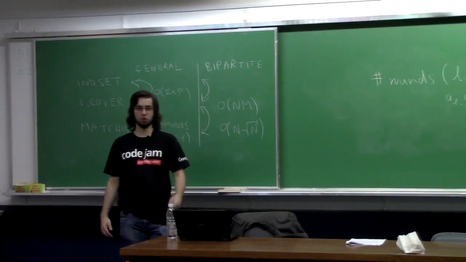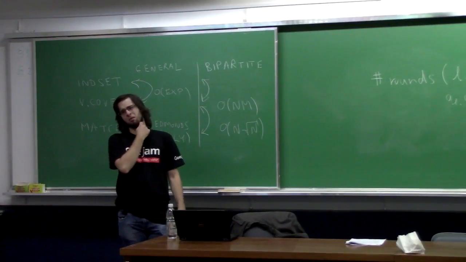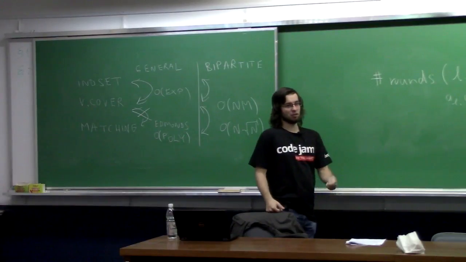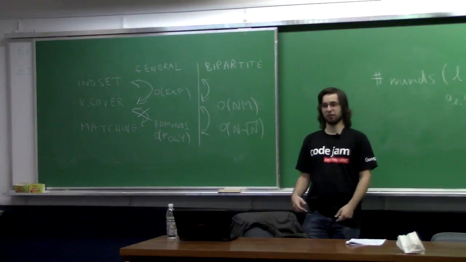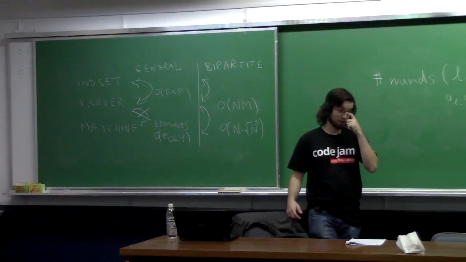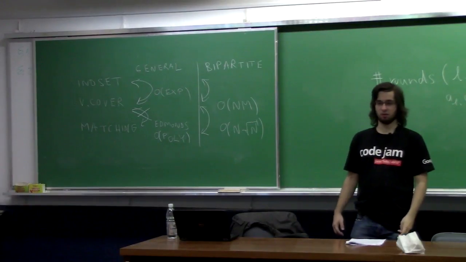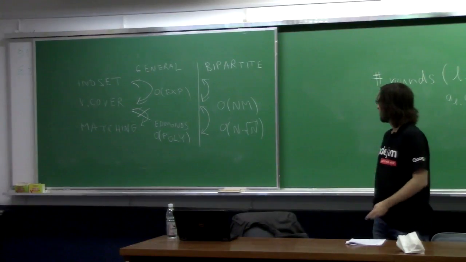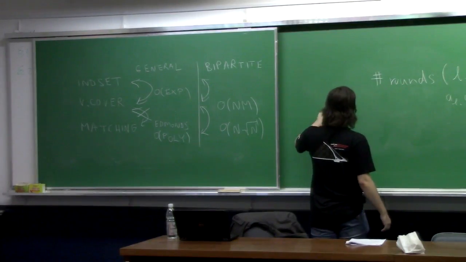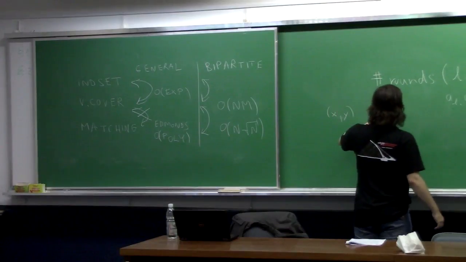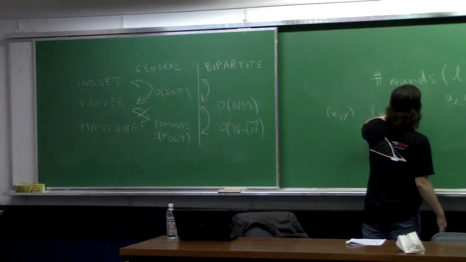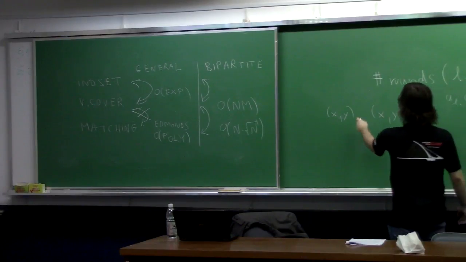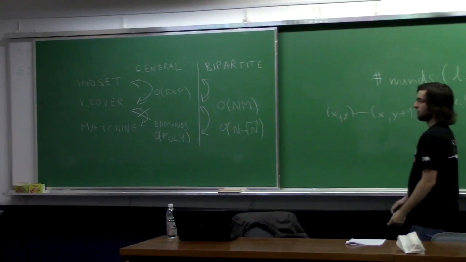So we have these points, and we know that each pair of points that are adjacent, that have just one coordinate difference equal to 1 and the other coordinate equal, so x, y and x, y plus 1 cannot be chosen at the same time. So there will be an edge between them in that graph.